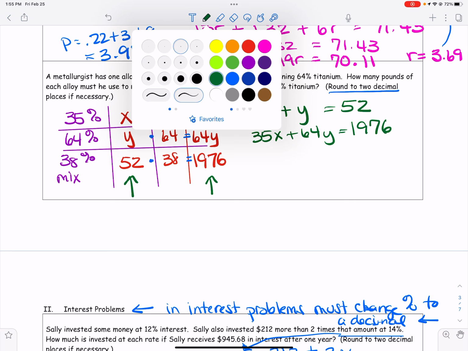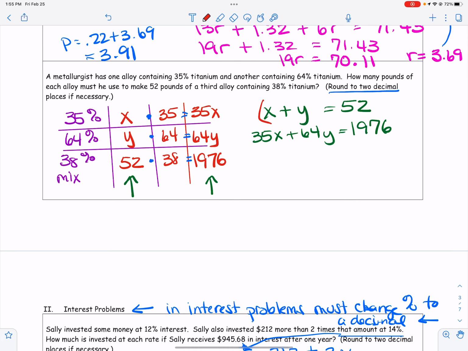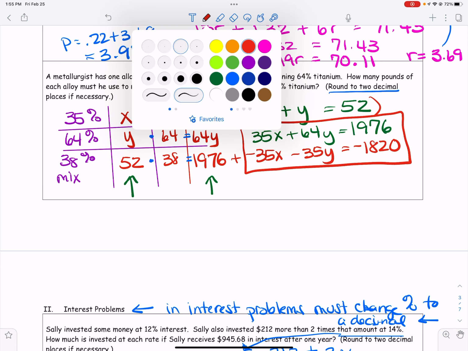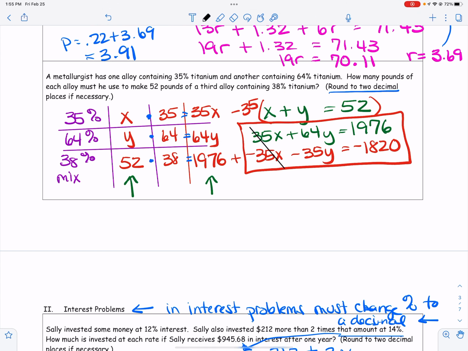Now I'm going to eliminate the x by multiplying by negative 35. So we get negative 35x, negative 35y, and that equals negative 1820. These are the two equations that I'm going to add up, and the x's will cancel because that makes 0.